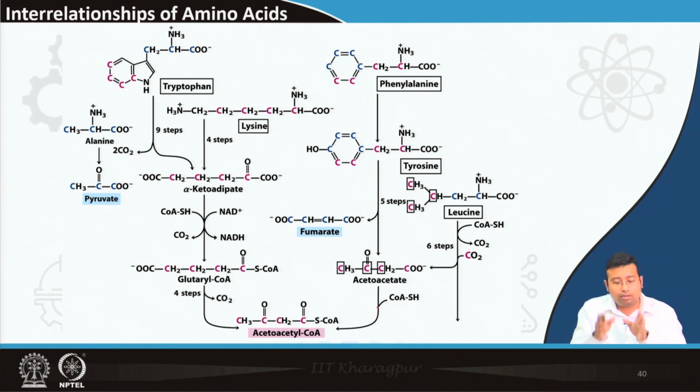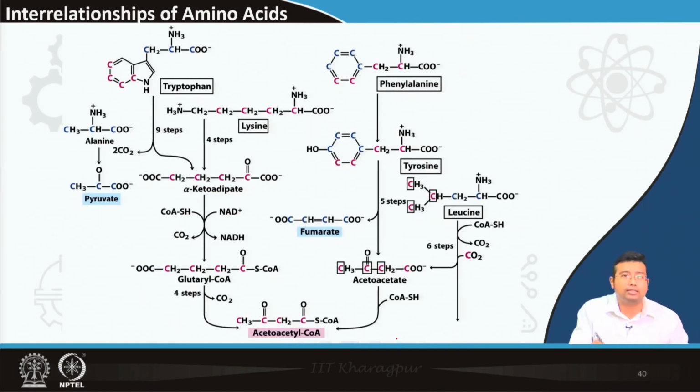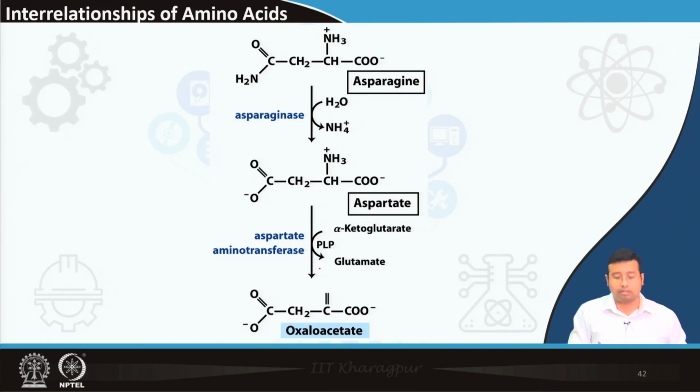This is for you to just recall what was taught before, right, so that you can connect all the dots over here, and finally you can also join all the amino acids to their common ketogenic fate, which again lies over here, which ends over here, right. And mind it, isoleucine, since it was both glucogenic and ketogenic, forms succinyl CoA and acetyl CoA, which was already discussed during branched chain amino acid metabolism.